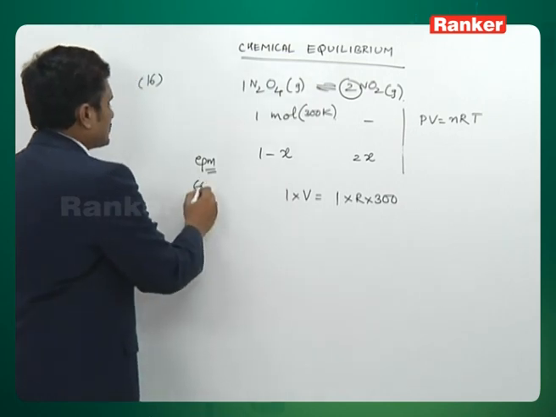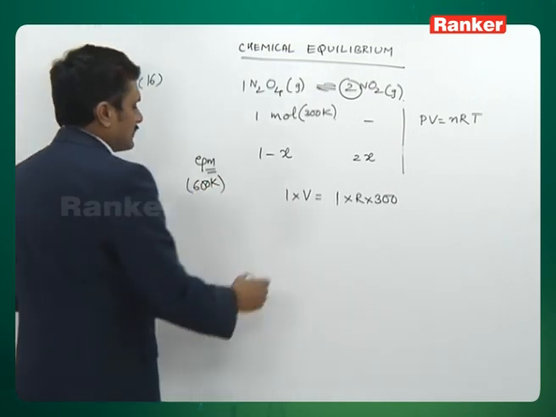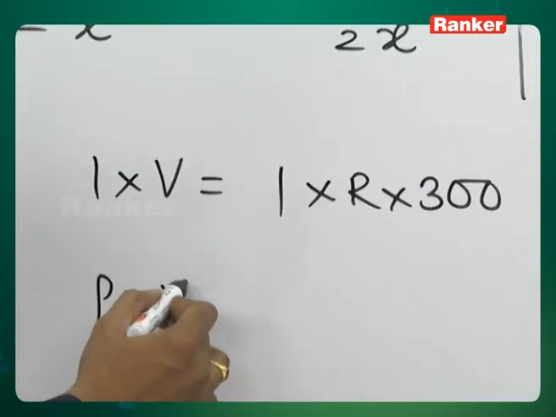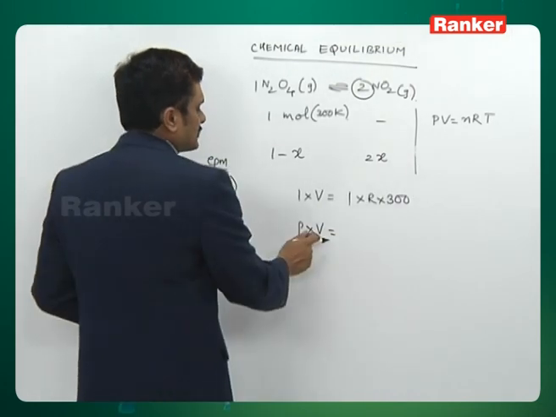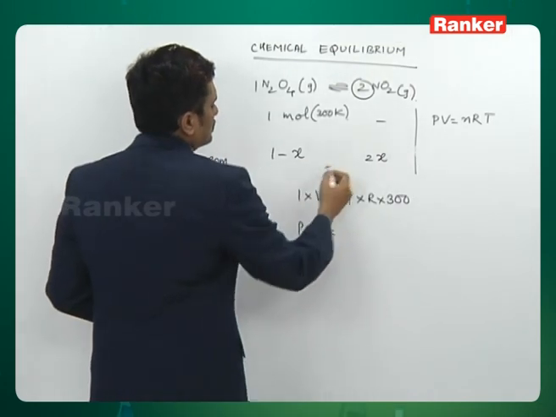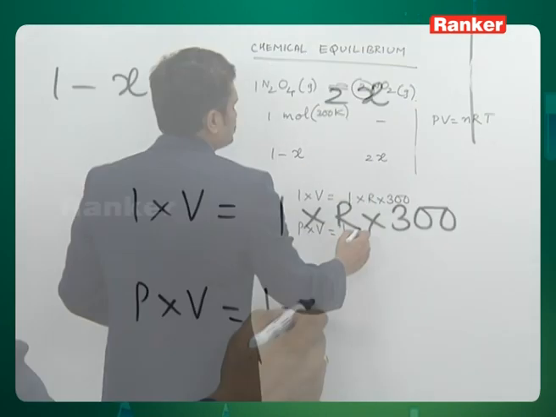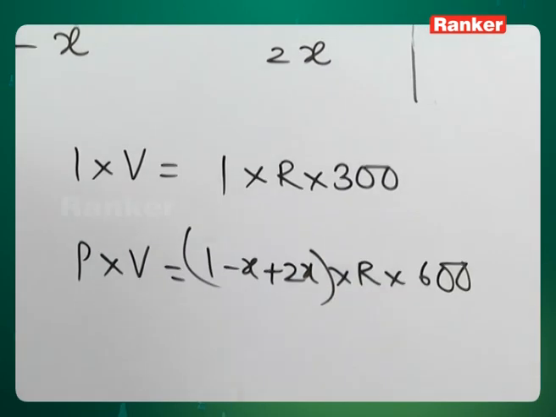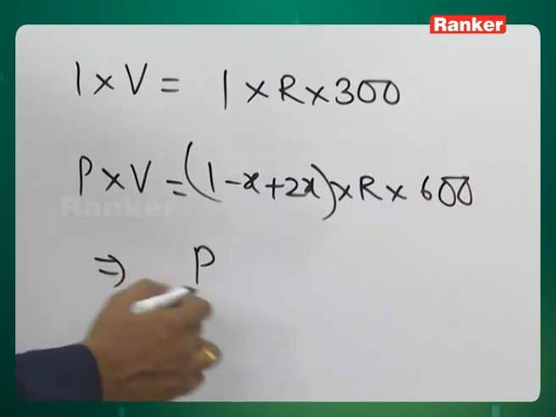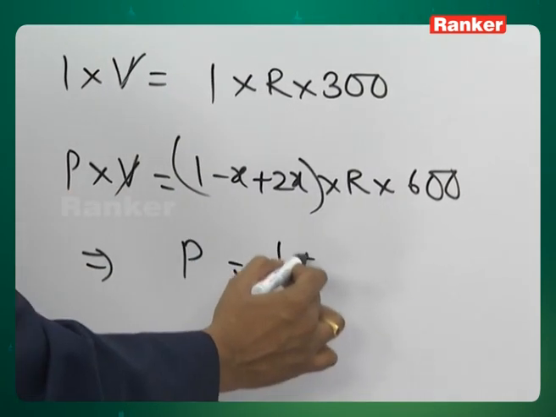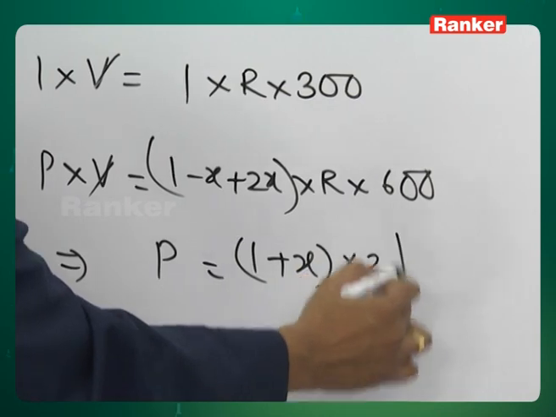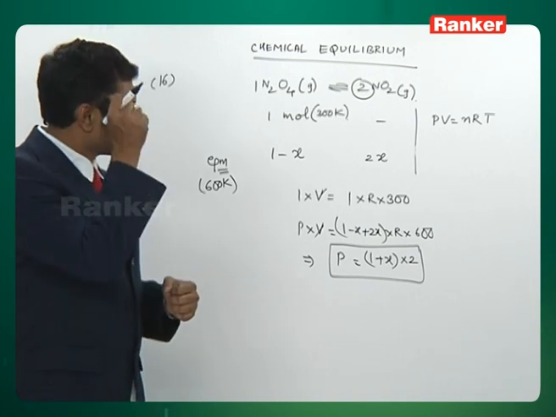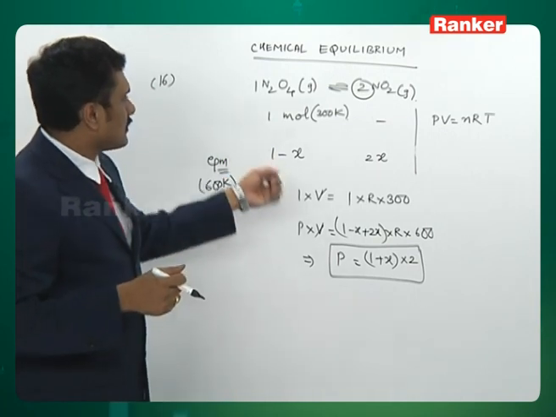Now we have heated this equilibrium mixture to 600 Kelvin, where the total pressure we need to find out is taken as P. The volume of the vessel is once again constant, and the total moles at equilibrium are 1 minus x plus 2x, into R into 600. So when I divide these two expressions, the volume gets cancelled, and P is equal to (1 plus x) into 2. This simplification gives you the relationship between pressure and the number of moles of N2O4 dissociated.